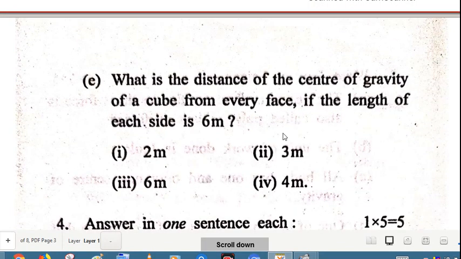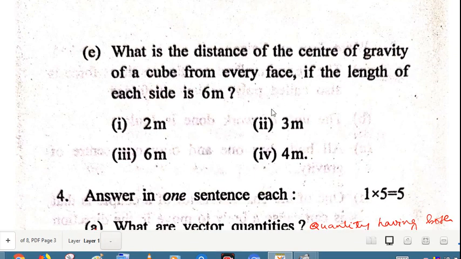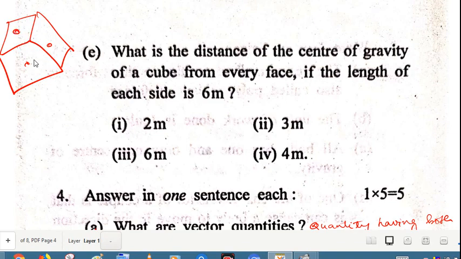What is the distance of the center of gravity of a cube from every face if the length of each side is 6 meters? See, this is your cube, and all these are the faces, and each side is 6 meters. From this face, the center of gravity will lie at the middle point.